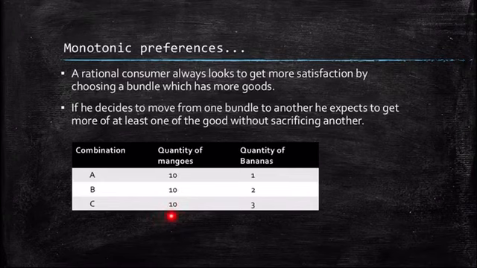What does indifference curve say? Staying on the same indifference curve is possible only when he is ready to sacrifice one good, then only he can gain another good. But in this particular case, you can observe that the consumer is gaining bananas but without sacrificing any units of mangoes. So in this case, do you think the consumer will remain on the same indifference curve?